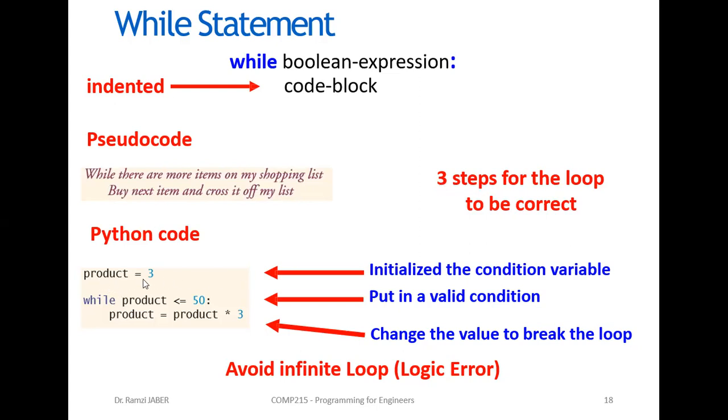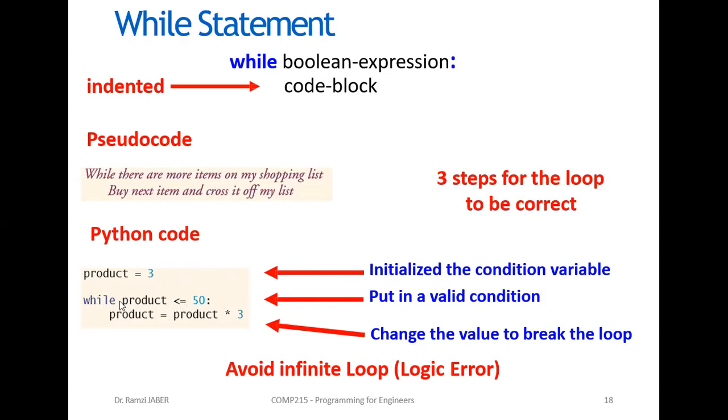Example here, product equal 3. This is the initialize step, the condition variable. First step, we must assign a value to the condition variable. While product less than or equal 50, colon, here you put your condition and your variable.